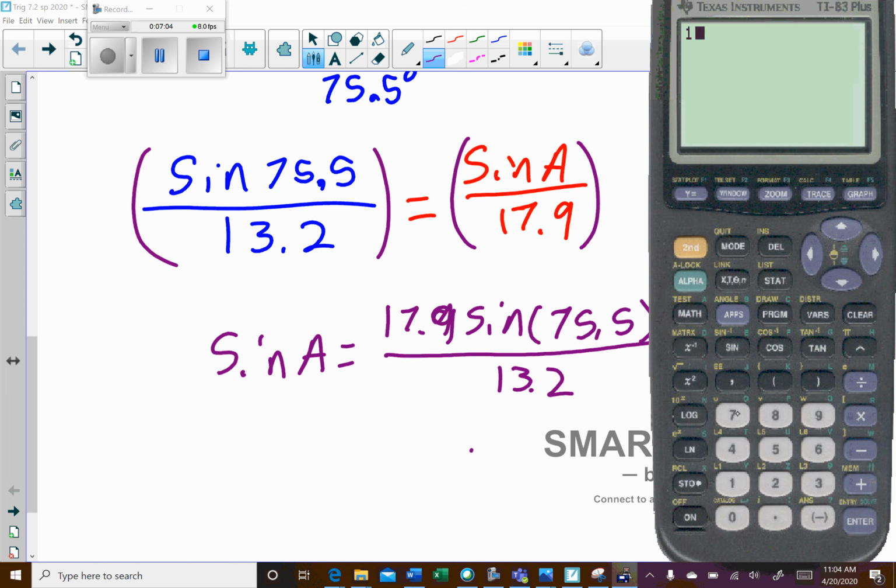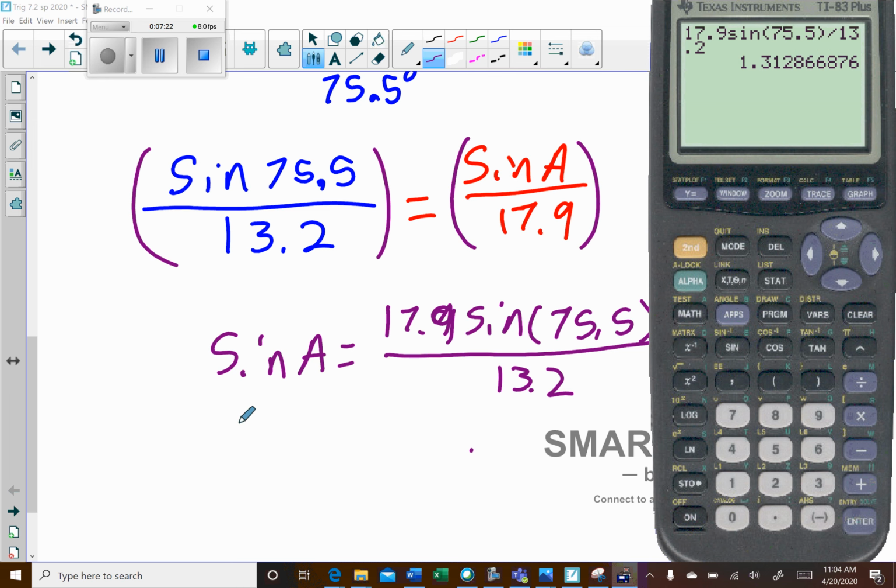So then we'll go ahead and figure out what that is in my calculator. So let's see, 17.9 times sine of 75.5, close that, and then we're going to divide that by 13.2. So we get 1.31, so on.